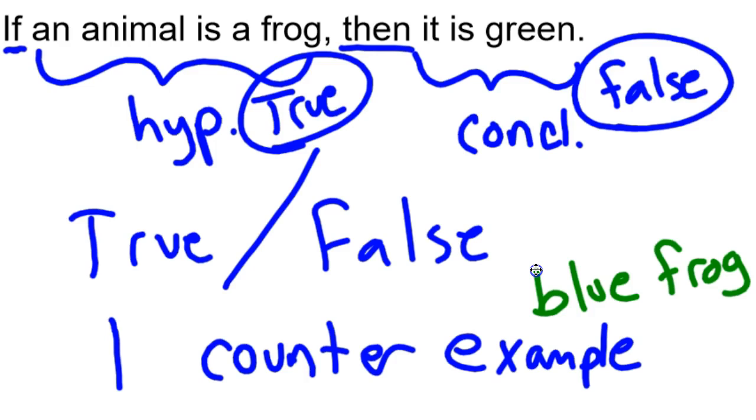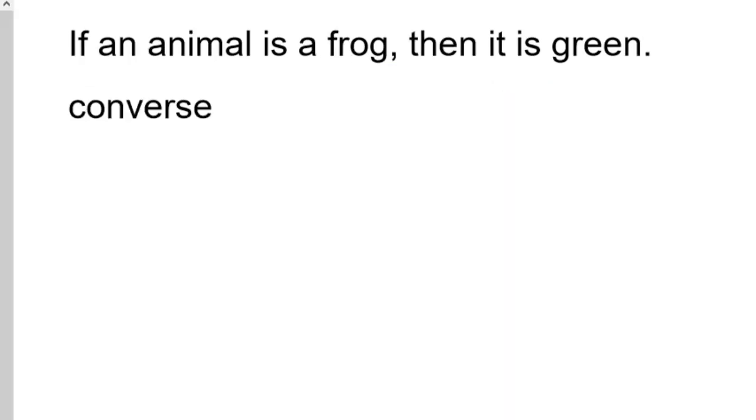The next thing we need to talk about is converse. So we'll go back to the original statement: if an animal is a frog, then it is green. The converse simply reverses the hypothesis and the conclusion.